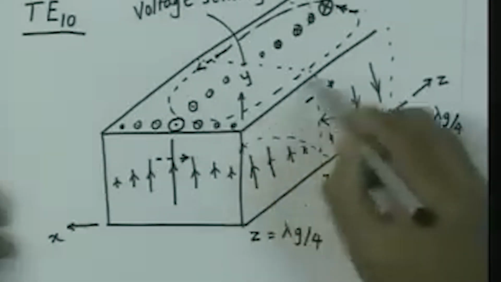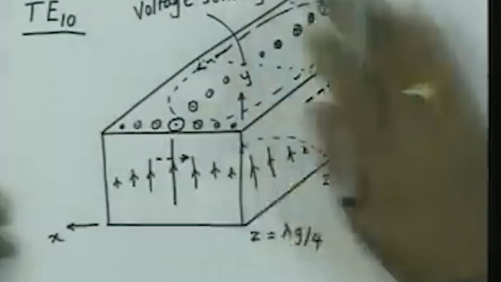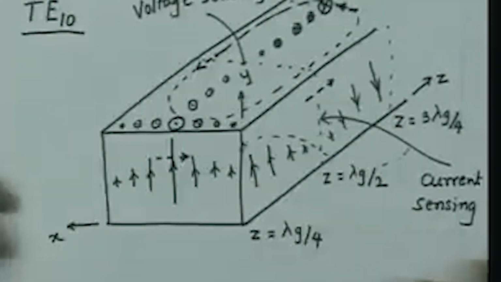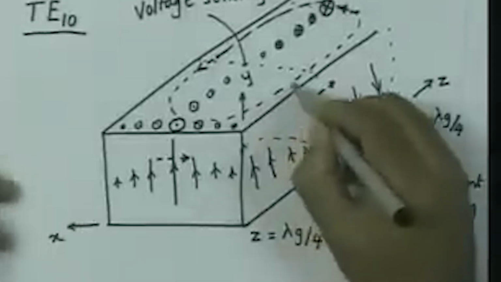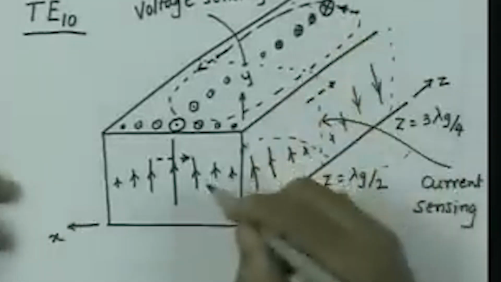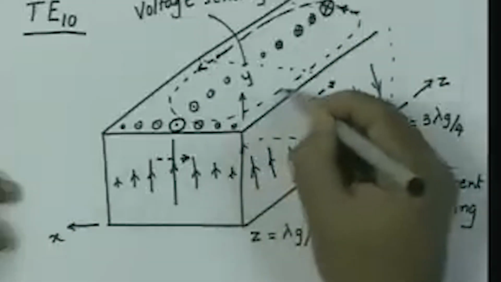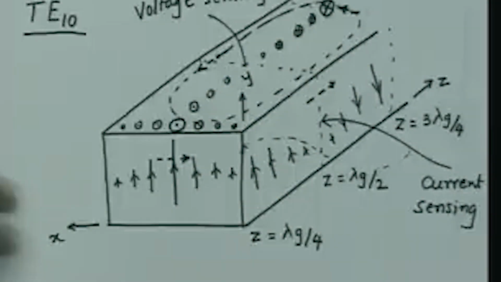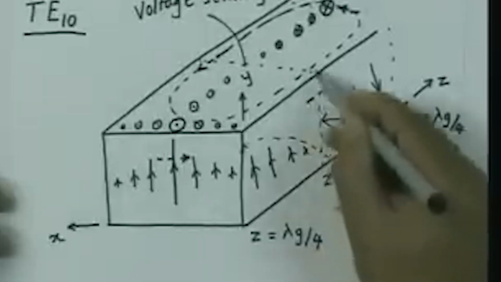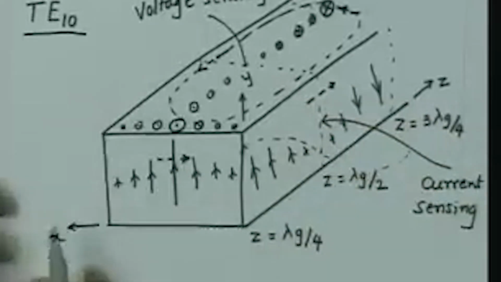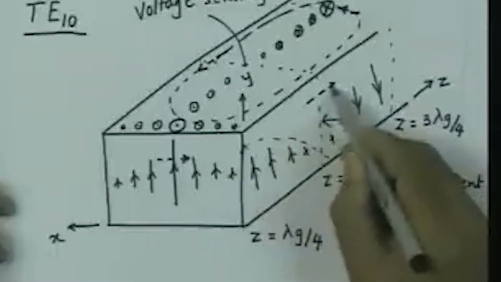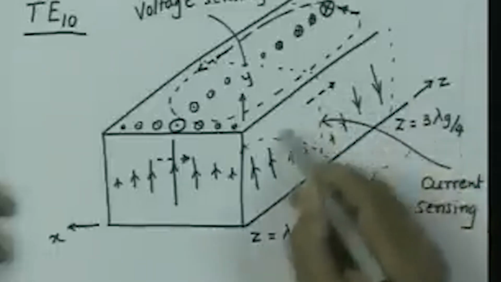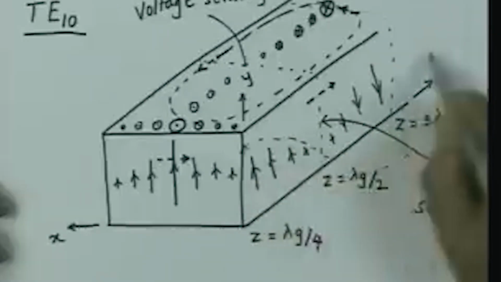So, on the top wall or the bottom wall, the magnetic field is like that, here it is like this. That means the direction of the magnetic field keeps changing. If I go on this wall or this wall, however, the magnetic field direction is always this way; its magnitude will be changing, but it is always along the z direction.